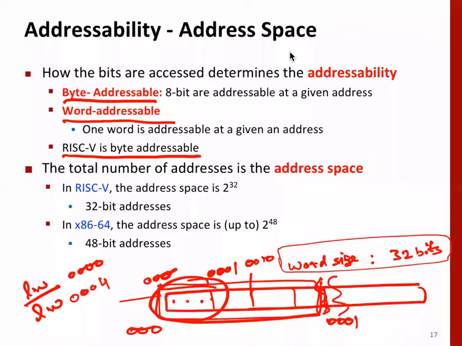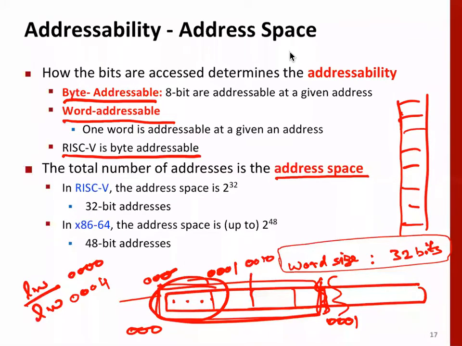And then something which will come very often is called address space. If this is a linear memory and the minimum addressable thing is, let's assume, 1 byte, how many such locations can we address?